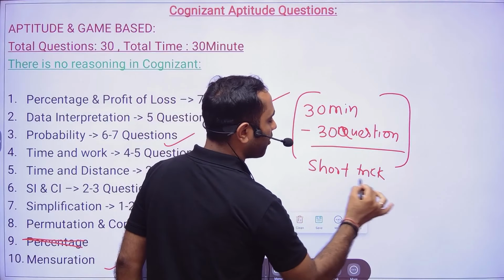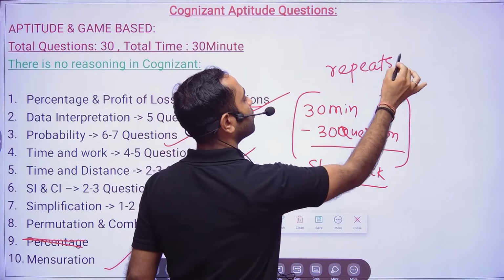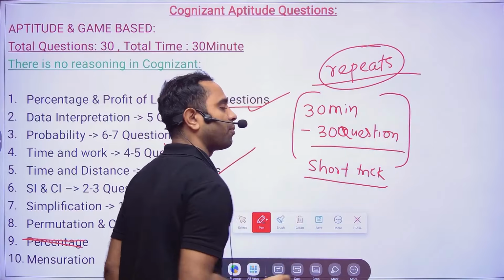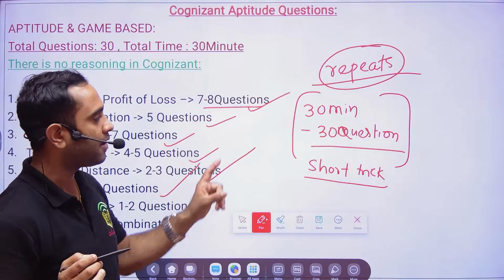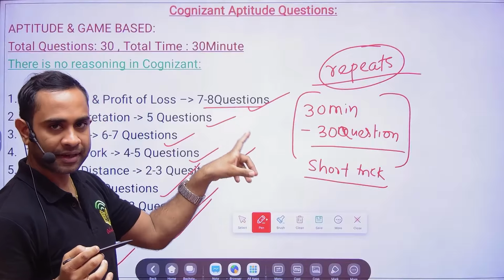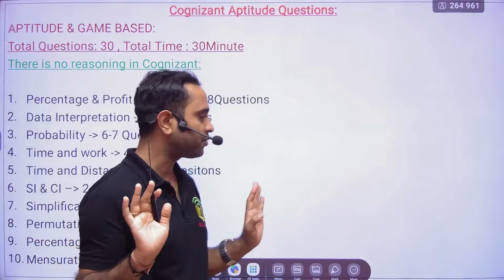And the more important thing is that Cognizant repeats the questions. So it is very, very important for you to solve all the previous year problems, and only then will you be able to do well in the exam. Keep that in mind, Cognizant repeats the questions, so you have to solve the previous year questions.